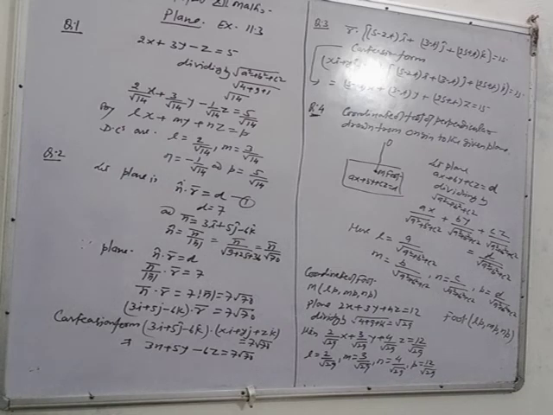Here l is equal to 2 upon root 29, m is equal to 3 upon root 29, n is equal to 4 upon root 29, and p, the length of normal, written on the right side, is 12 upon root 29. Then write the coordinates of the foot of the normal. So the foot is lp, mp, np, putting in the values of l, m, n and p.